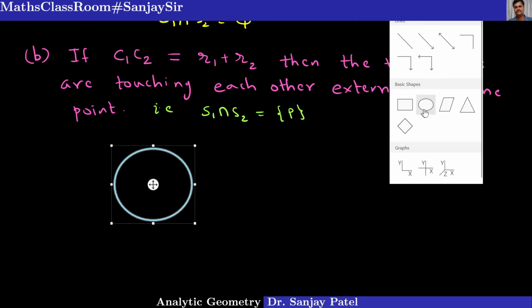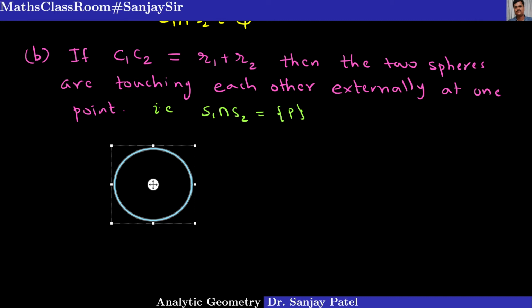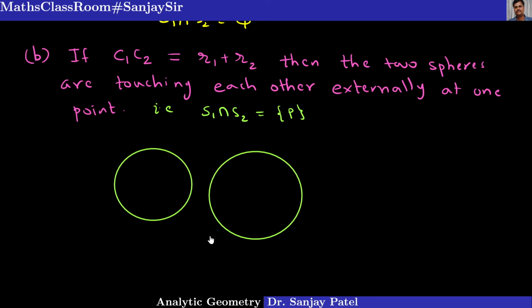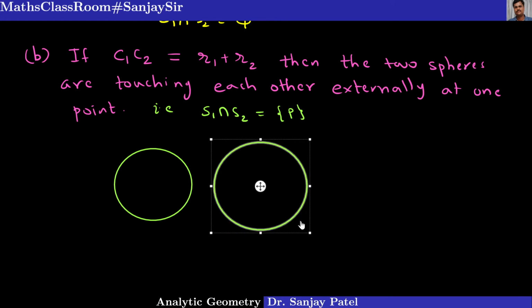Suppose this is S1 and this is S2, the center of S1 is C1, for S2 the center is C2, and the distance between them is exactly equal to R1 plus R2.